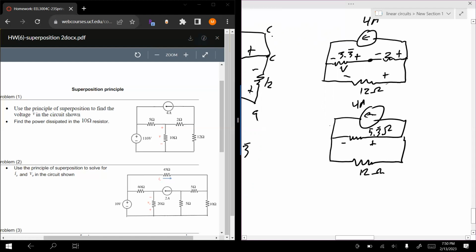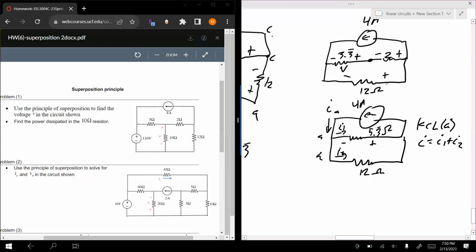Now we can do the current division rule here. Here we have I, then I1, and then I2. If this was node A and we were to apply KCL at node A, we would get I is equal to I1 plus I2.